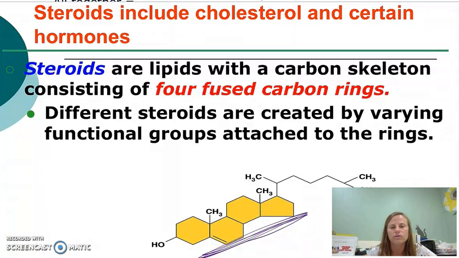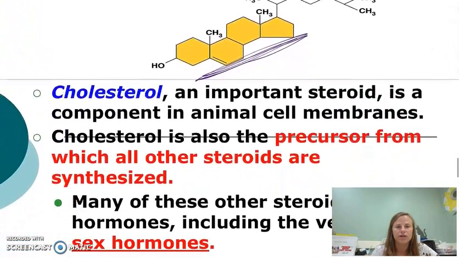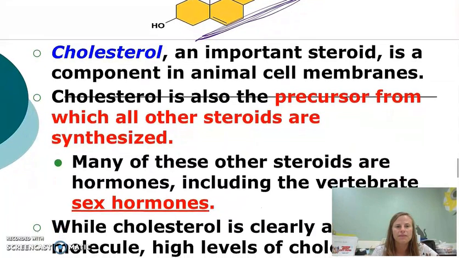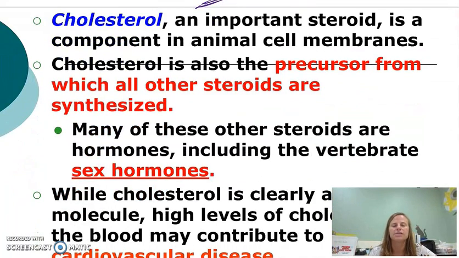So steroids are going to be your derivatives of your sex hormones. Cholesterol is a very important steroid. This is the precursor from which all other steroids are synthesized. Many of those other steroids are your hormones, including your sex hormones.